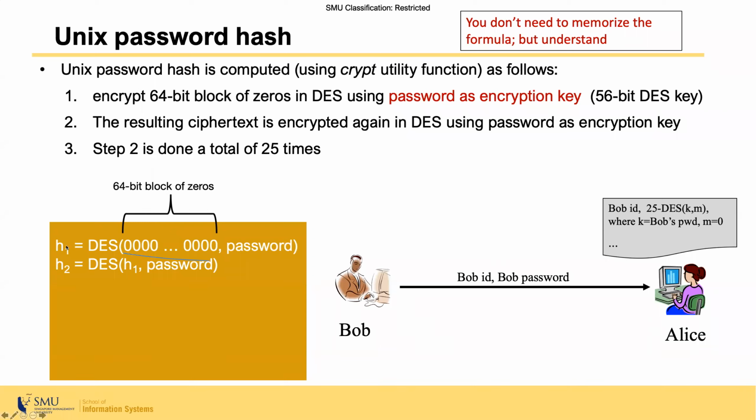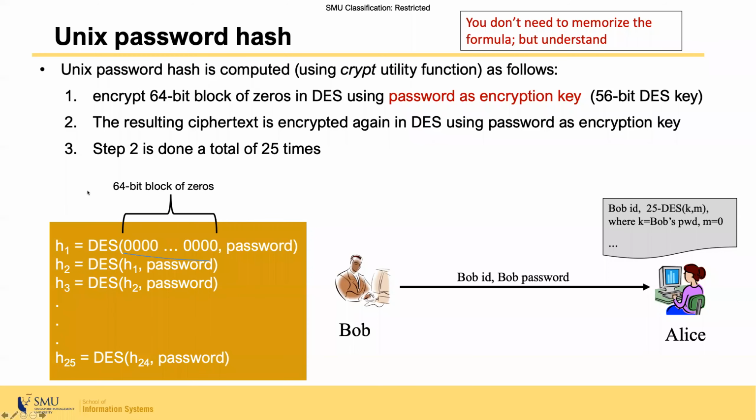Let's call it number 1. In the next step, the resulting ciphertext is encrypted again in DES, using your password as the encryption key again. And then this process is repeated a total of 25 times.